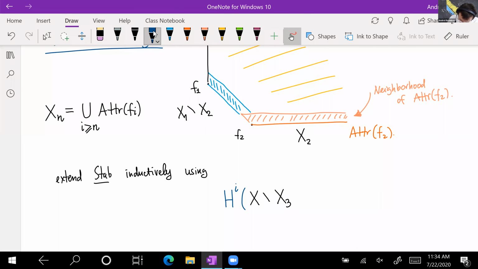X3 is somewhere, we don't see it. Then we can take this just by restriction. This goes to X minus X2.